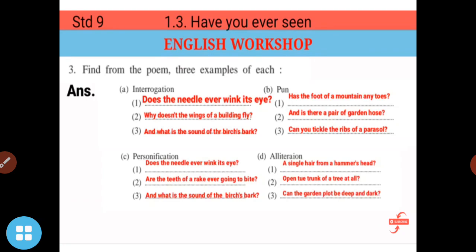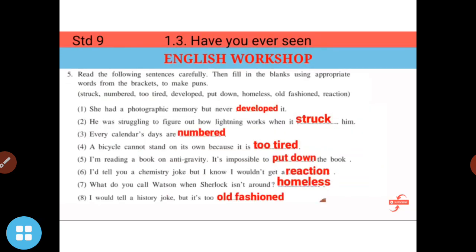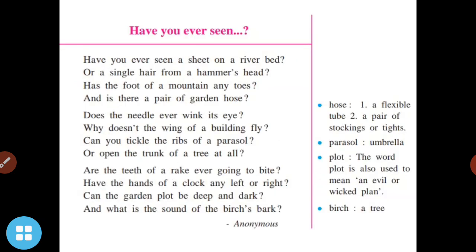Again, third answer of the workshop: find from the poem three examples each of interrogation and pun. The A, B, C, D answers are all given in red mark. Again, the filling the blanks are already filled in red mark, so you can write it down and note it for your reference.